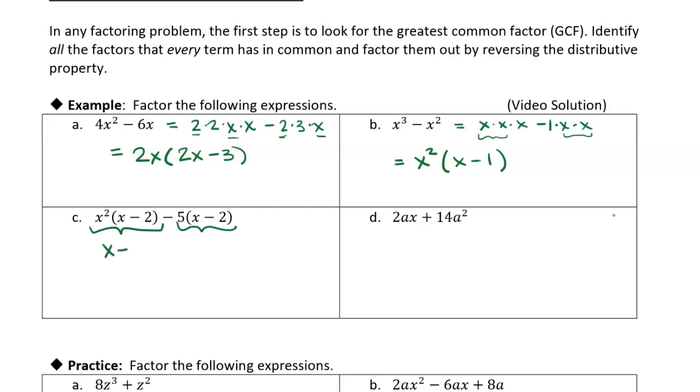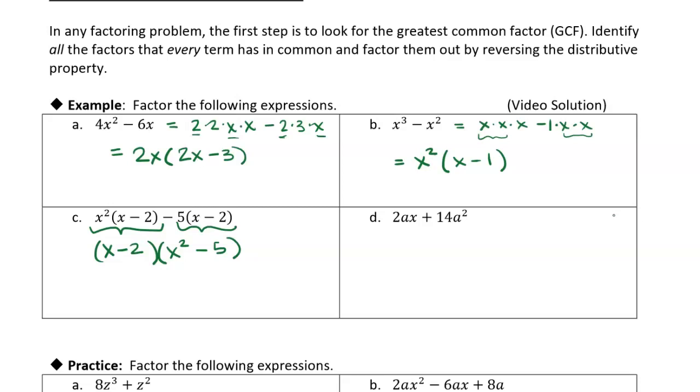I'm going to take x minus 2 and factor it out of that expression and then see what's left. If I take x squared times the quantity x minus 2 and factor out the x minus 2, I'm just left with x squared. And then here I'm just going to be left with a 5. So this looks a little different, but it's really critical to understand what a term is and what a factor is.